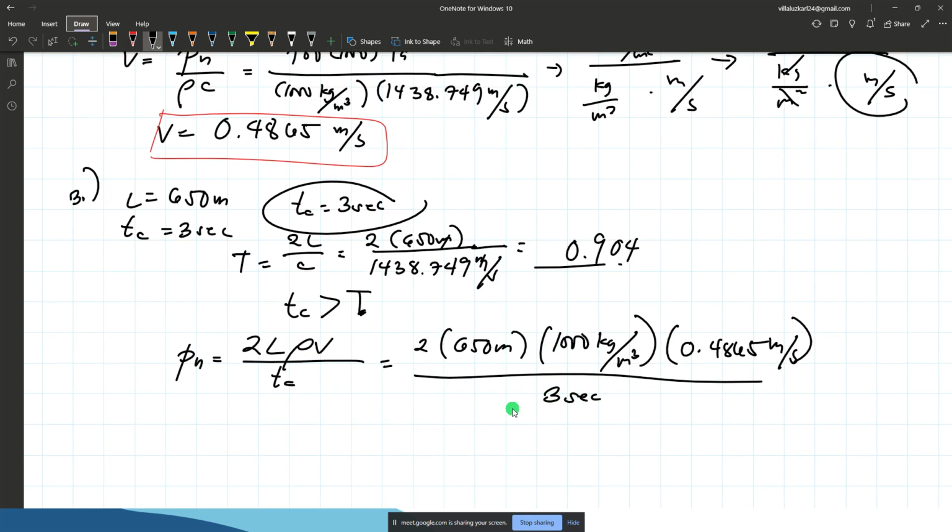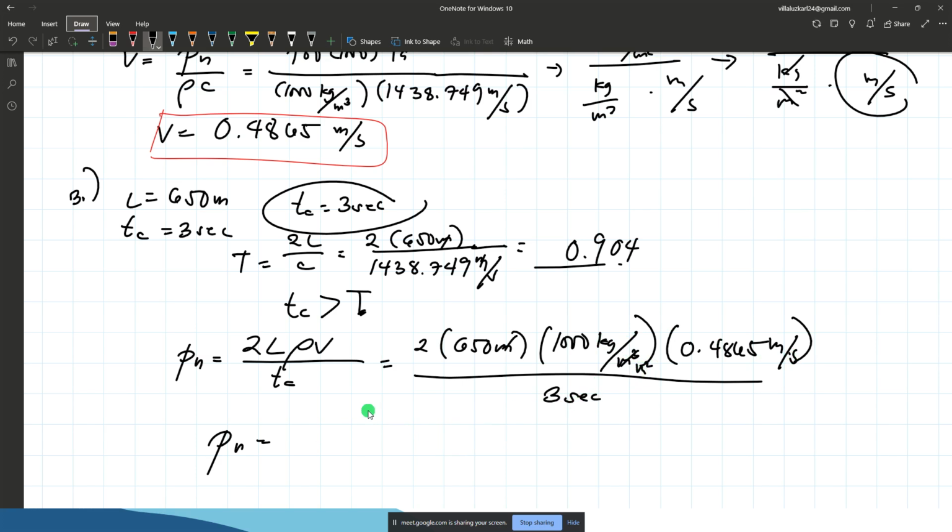Okay, so the equivalent unit that we are going to have here is in Pascal. Cancel, it's meter per second squared. Then kilogram meter per second squared is Newton per meter squared.